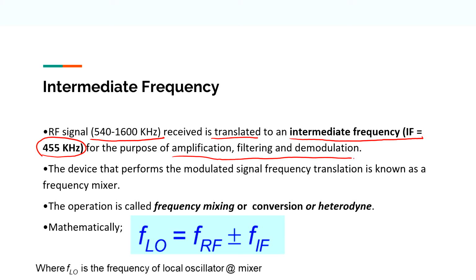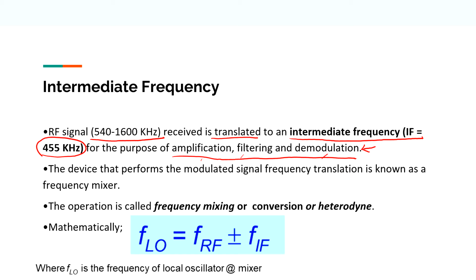This means in the receiver we have the processes of amplifier, filter, and demodulation. But before we go through the amplification, filtering, and demodulation, we translate the frequency into the intermediate frequency first.